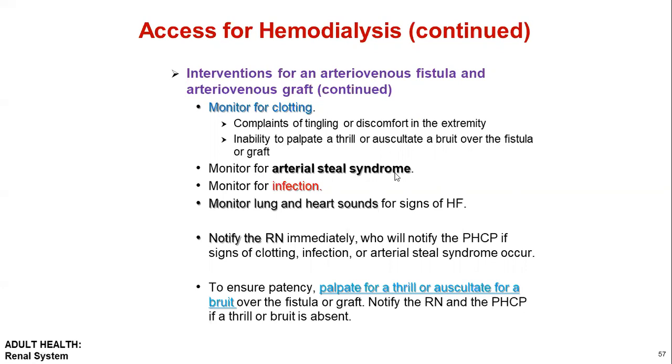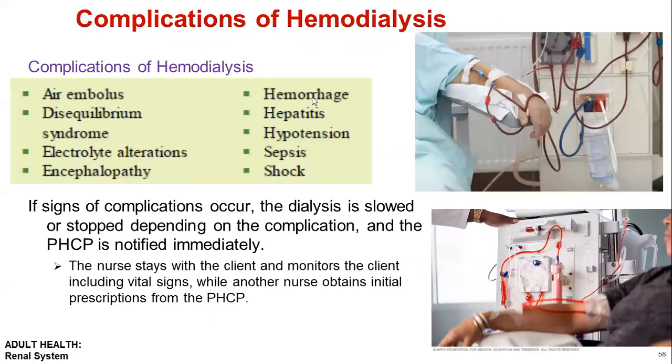And what are the complications of hemodialysis? So let me read it first. You see, this is so many wires, and this is the cannula and dialysis machine, the same two pictures. Because of this access, there is a chance of hemorrhage and infection, and infection can lead to septicemia or sepsis, which leads to shock.